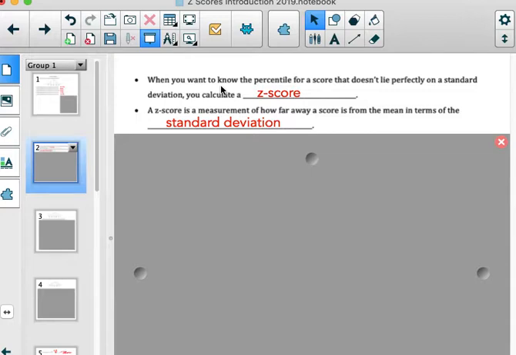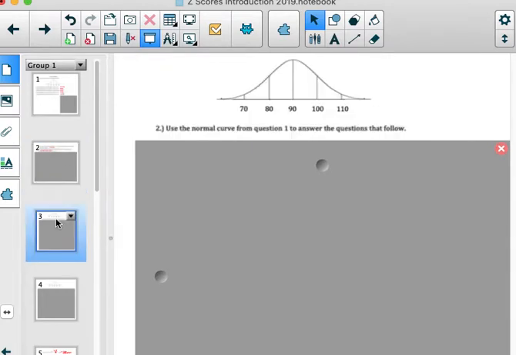And so we have something called a Z-score table that I'll pass out in just a little bit, and that'll help us find these exact numbers because we're not going to learn how to do calculus this year, okay? A Z-score is a measurement of how far away each score is from the mean in terms of standard deviation.